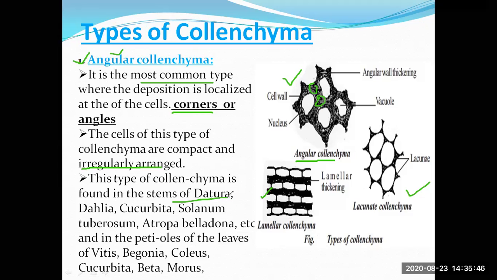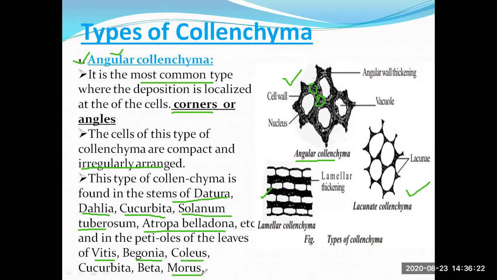One is Datura, second is Dahlia, Cucurbita, the Cucurbitaceae members, next Solanum tuberosum, Atropa belladonna, and in the petioles of leaves of Vitis, means grapes, Begonia, Coleus, and Morus, means mulberry.